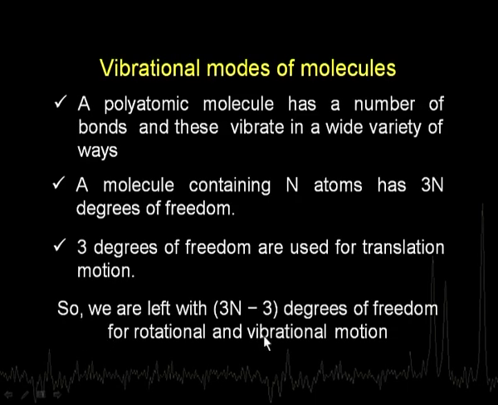So we are left with the total degrees of freedom of 3n. 3 are used for translational motion, which we are not interested in. We are interested in the vibrational motion. So we are left with 3n minus 3 degrees, which are for the rotational and vibrational motion of the molecule. As far as rotational motion goes, that depends on the geometry of the molecule.